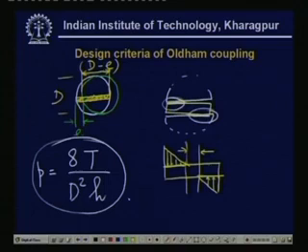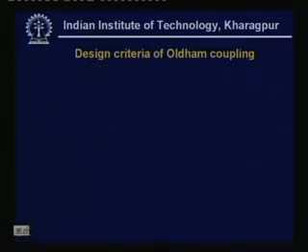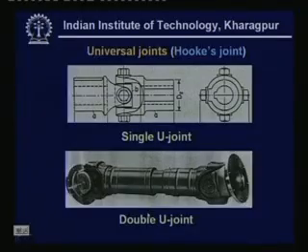Now this is about the Oldham coupling. Now let us come to another kind of coupling, which is known as the universal joint. Let me describe what is known as the universal joint.